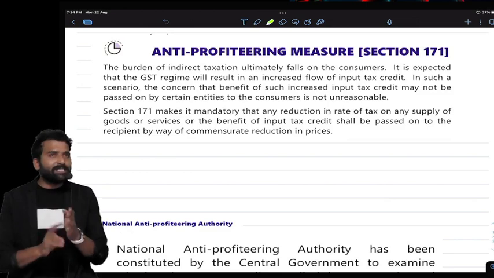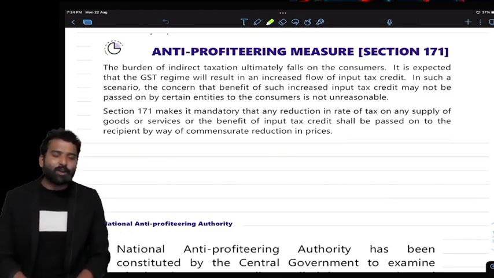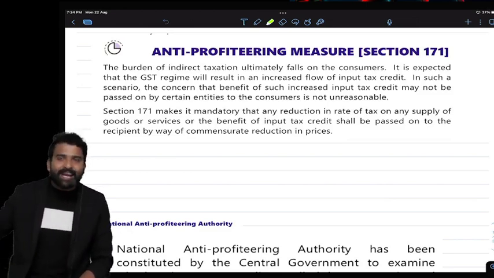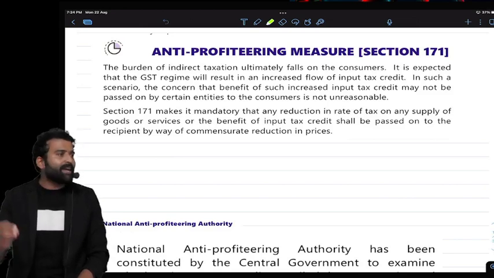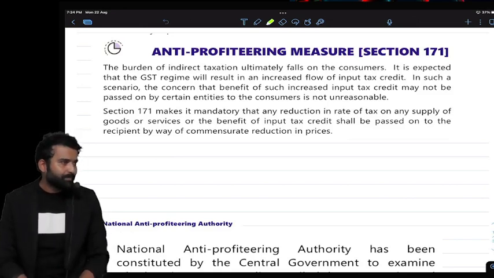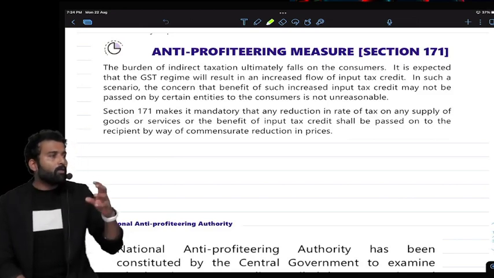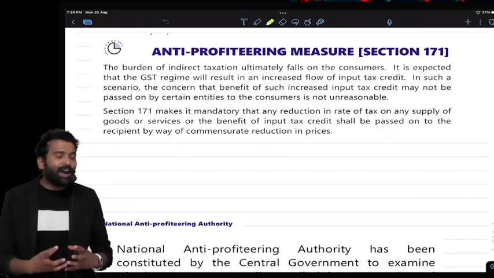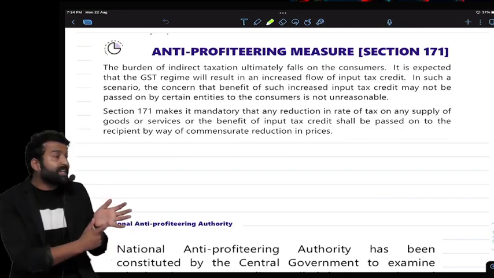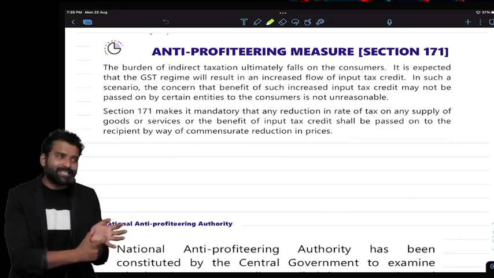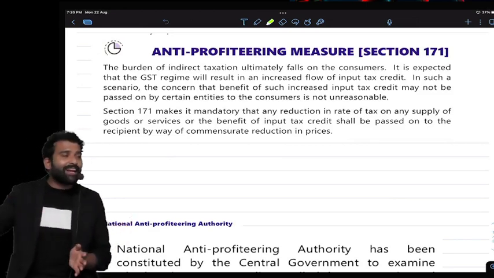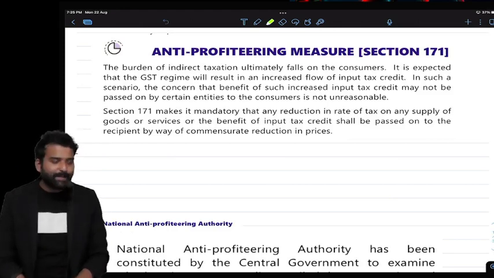Now the problem is, from 22nd August, when I make any supply, I will pay only 5% tax. But a lot of commodities are already in the market with a printed MRP inclusive of tax, and that printed MRP contains 18% GST. But now when this retailer is selling, they will only pay 5% GST.